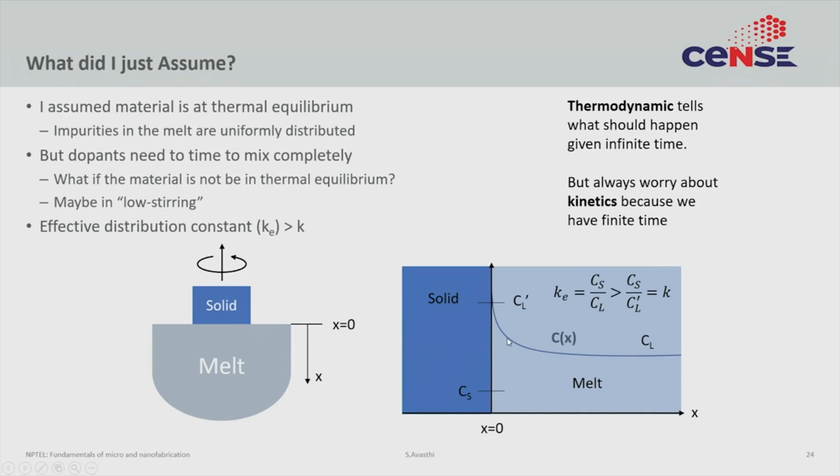So, the concentration of impurities near the solid will actually be higher than the concentration of impurities deep in the melt. Now, this is a kinetic effect. So, you need to be a little more careful. Practically what that means is the effective distribution coefficient that you would observe in your process will be a little higher than what theory tells you. Okay. So, this is the net effect because of this piling up effect.